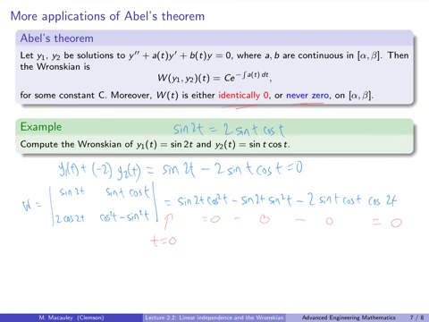Again, we have to be careful. That does not mean that we can conclude that these functions are linearly dependent. But I will say this, it gives very good evidence that they are. Remember, the simplest example of two functions whose Wronskian was 0 but that were not linearly dependent was y1 equals x squared and y2 equals absolute value of x times x.